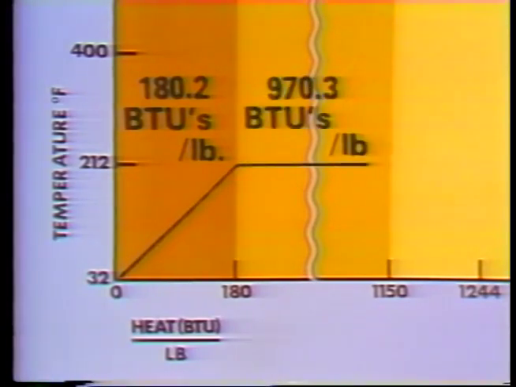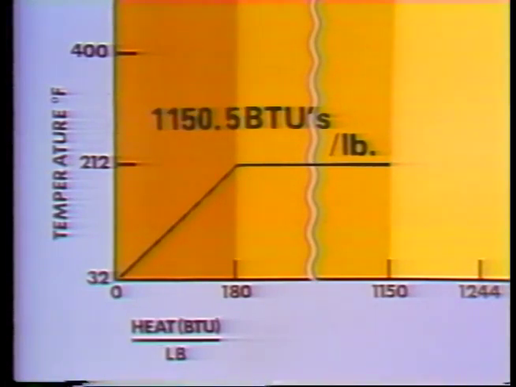An additional 970.3 BTUs per pound, the latent heat of vaporization, was required to change saturated water into saturated steam. In short, a total of 1,150.5 BTUs of heat had to be added to 1 pound of water to bring it from 32 degrees Fahrenheit to saturated steam at 212 degrees Fahrenheit.